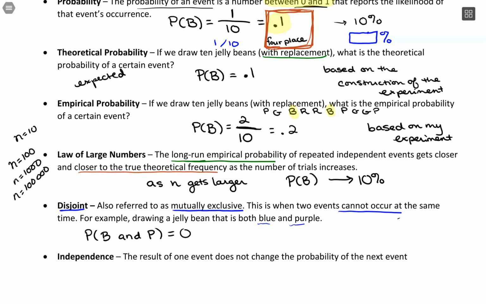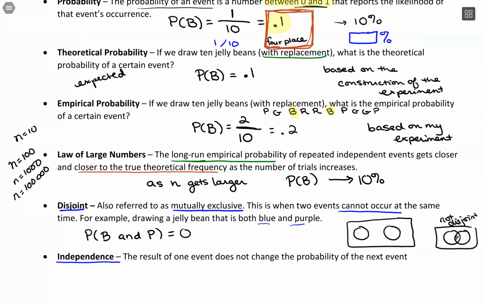If you're used to seeing Venn diagrams, if events are disjoint, this would be the case where the probabilities are separate from each other, they don't overlap. If they're not disjoint, then in a Venn diagram you'd have a space of overlap. Another piece that we'll talk about is independence.